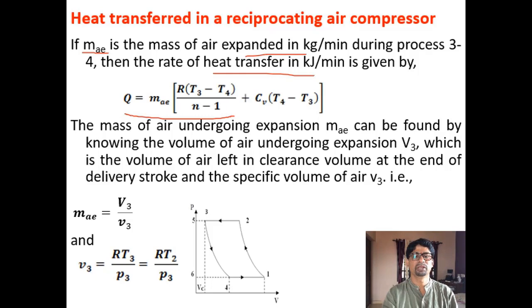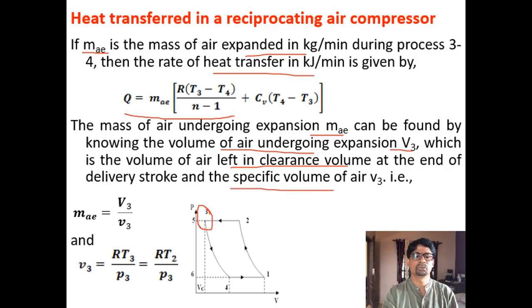Now in order to find out the mass of air undergoing expansion during the process 3 to 4, m_AE, you should know the volume of air undergoing expansion at point V3. You see, always the mass should be calculated at the inlet condition. So the inlet of the expansion process is 3, so you should know the volume V3, which is the volume of air left in the clearance volume at the end of the delivery stroke and which is undergoing expansion during the process 3 to 4.